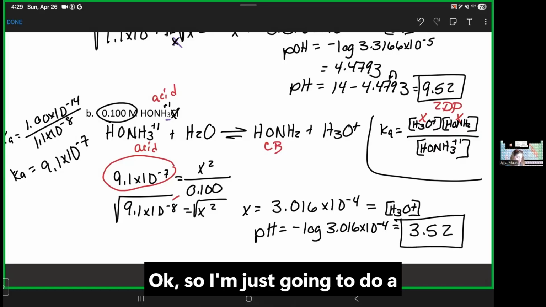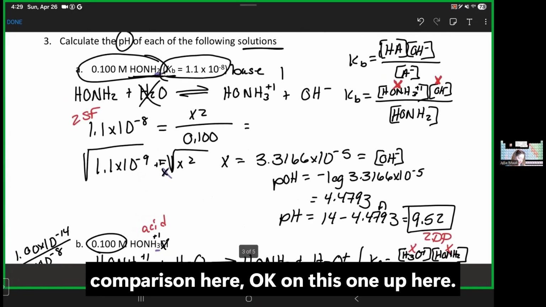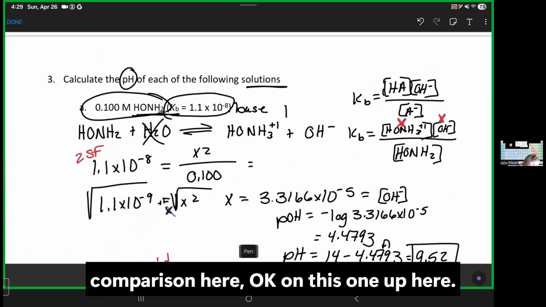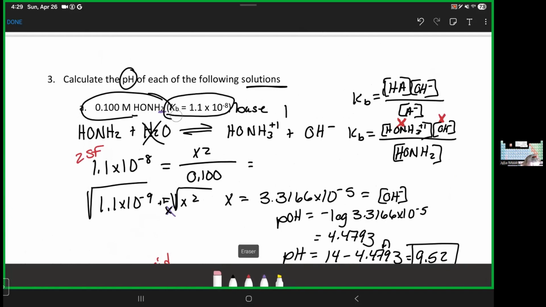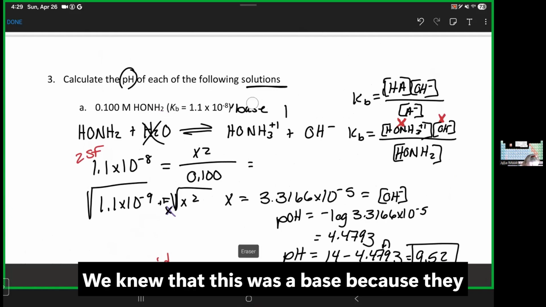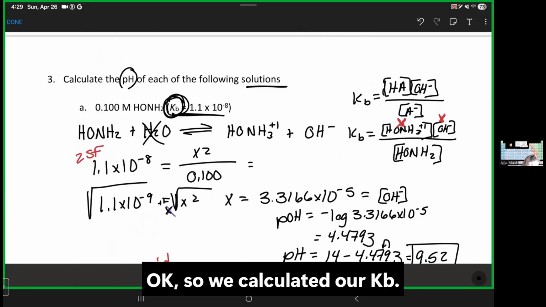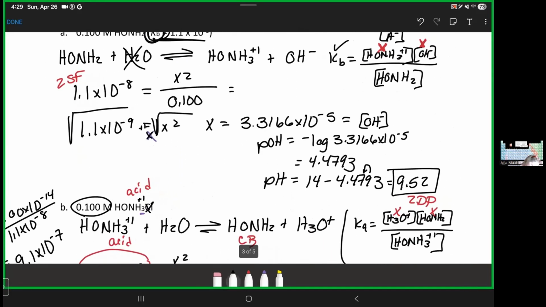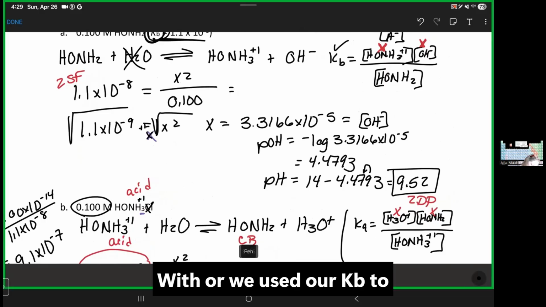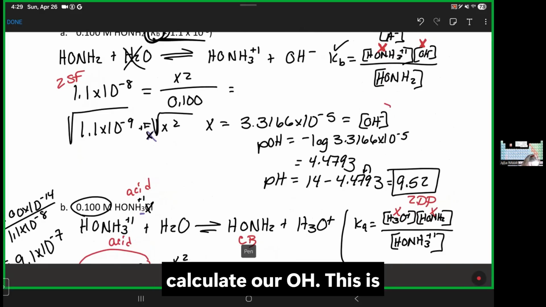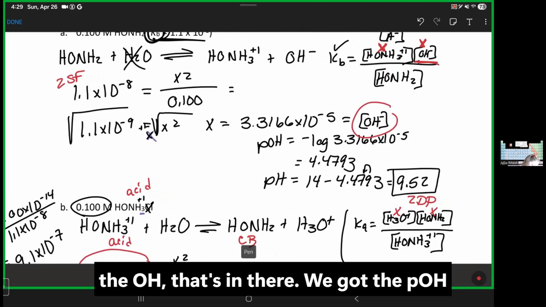Okay. So I'm just going to do a comparison here. On this one up here, we knew that this was a base because they gave us the Kb for it. So we calculated our Kb. We used our Kb to calculate our OH, because it's the OH that's in there.